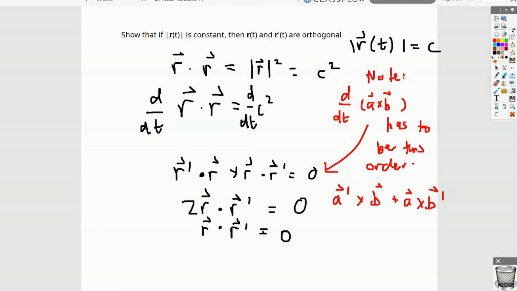So it's basically f prime cross g plus f cross g prime. But in the regular single variable product rule, you will probably see it like this: f prime g plus f g prime, right?